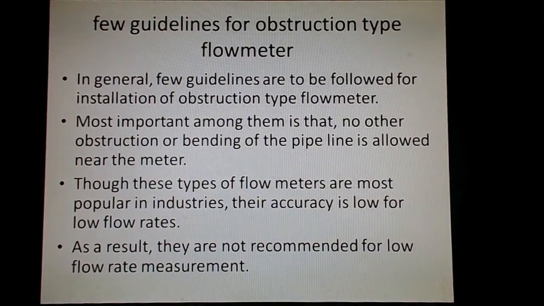Now there are few guidelines for the obstruction type of flow meter. Most important is that no other obstruction or bending near the obstruction is allowed. If you are installing orifice, venturi or flow nozzle, there should not be any other obstruction or bending near that portion of the pipe where you are installing the orifice plate.